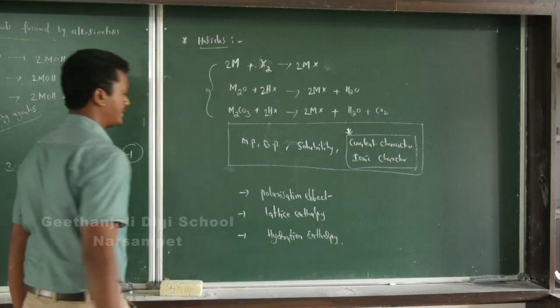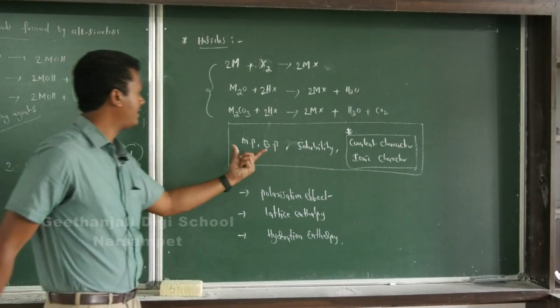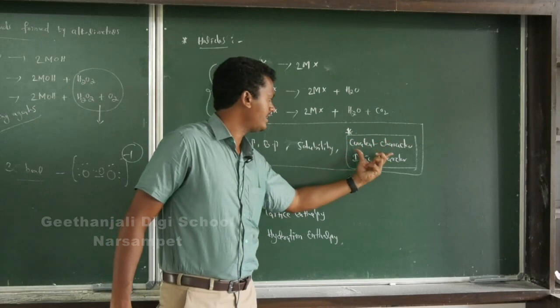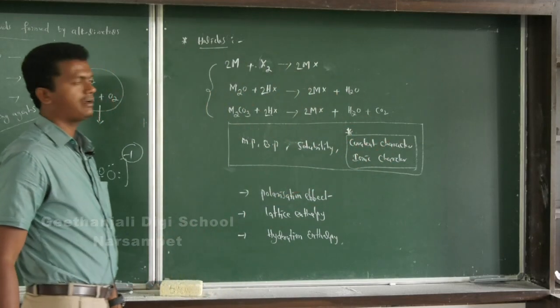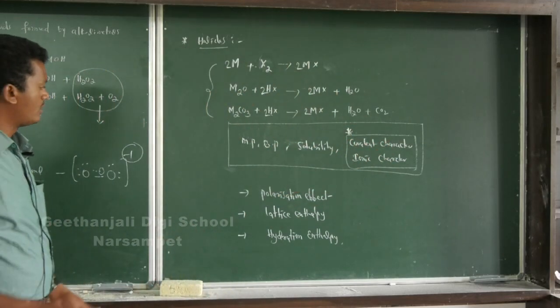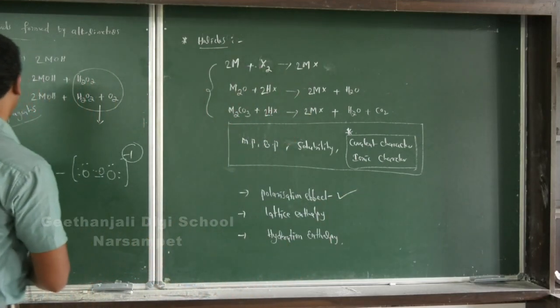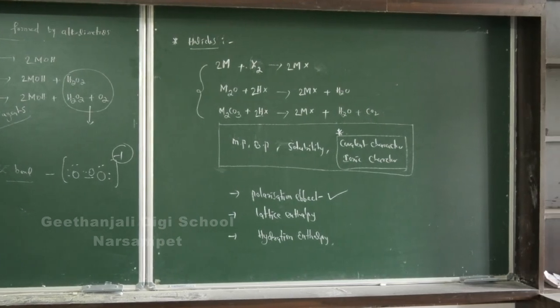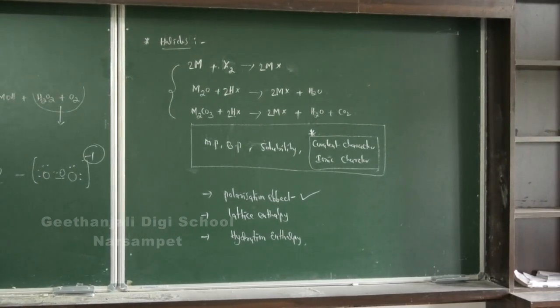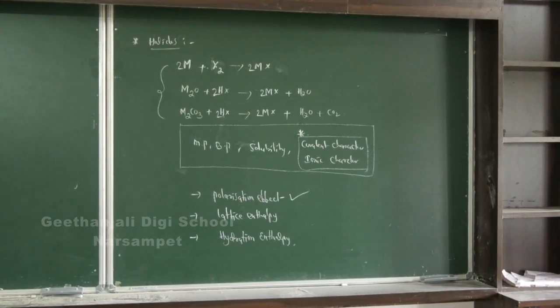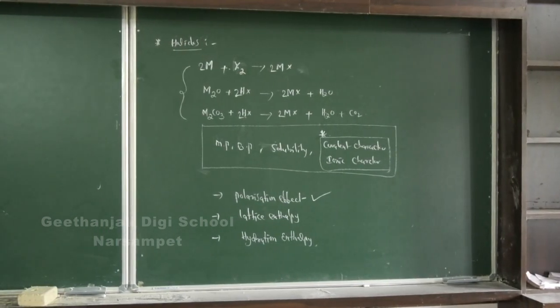These three factors decide the melting point, boiling point, solubility and covalent ionic character of the respective halides. So let me take the first factor, polarization effect. What is polarization effect? How does it affect the properties of halides is the question.